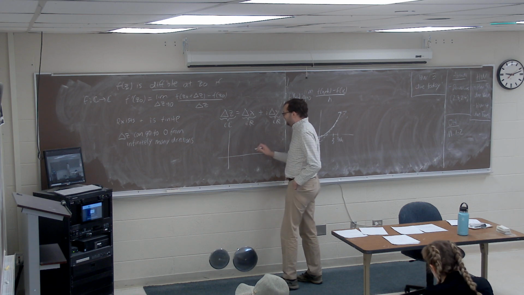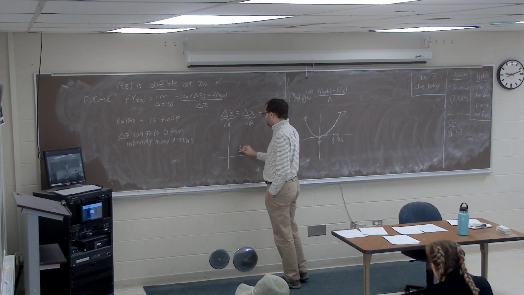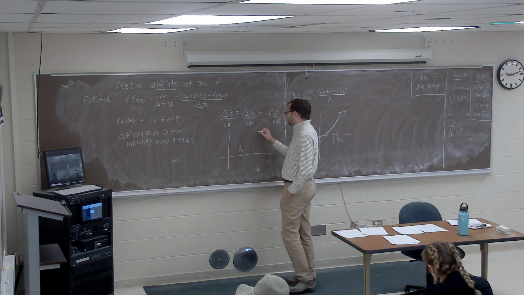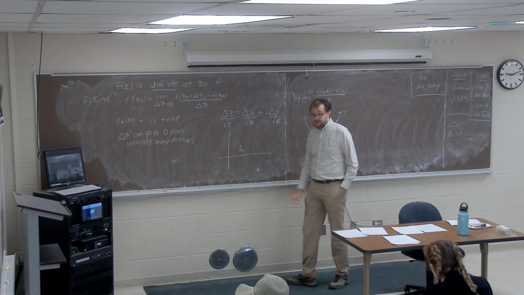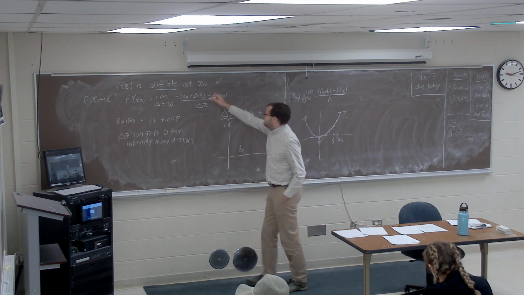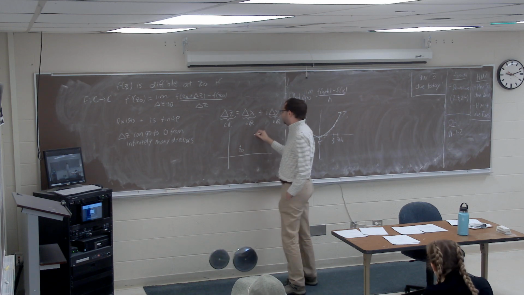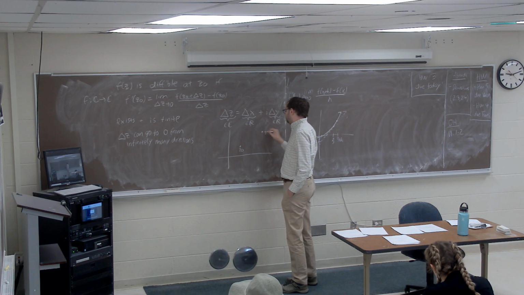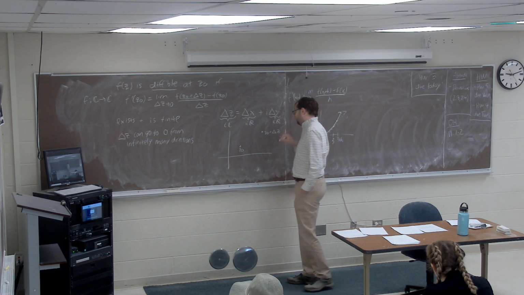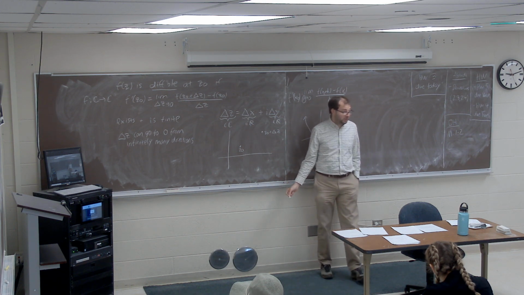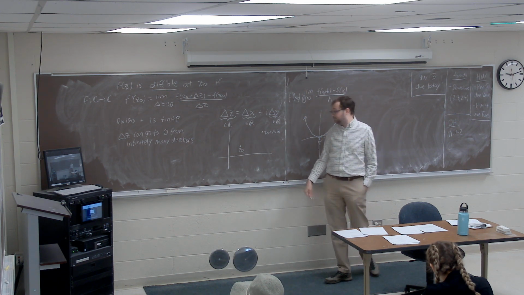With the idea being, if you have some point z naught, you can have some point z naught plus delta z. When we're looking at this expression in the complex plane, it can be a point that's different from z naught in both real and imaginary components, potentially.